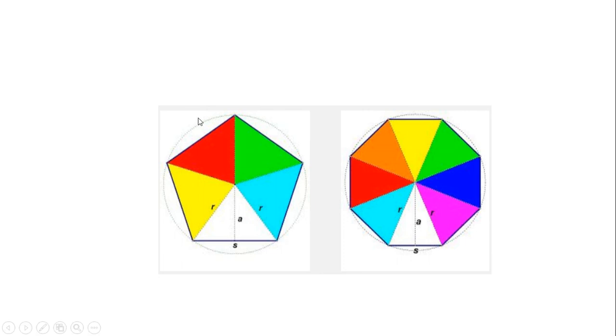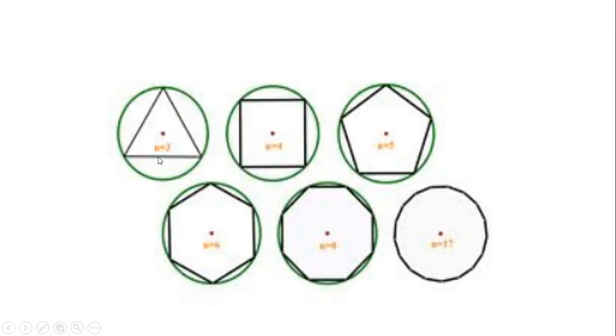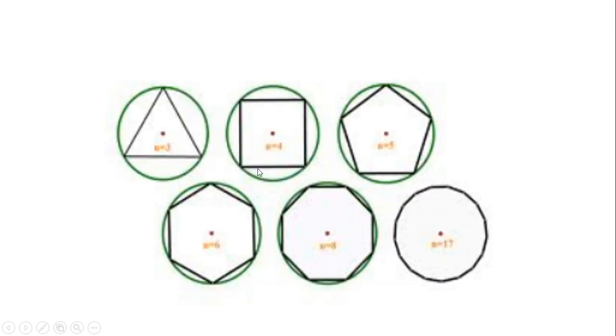So again, the measure of the perimeter of the polygon divided by, now here it's not as easy to see where the diameter is. So that's going to be one of our tasks to find. And here we go, some more. Every regular polygon can be inscribed within a circle, or for every regular polygon, there is a circle which circumscribes it.